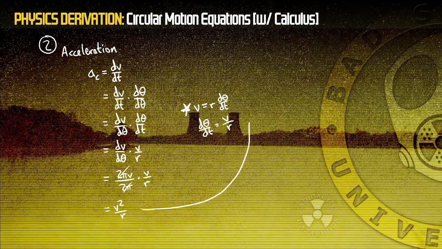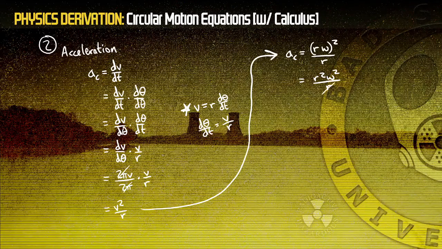And then what we can do is plug in that v equals r omega. So centripetal acceleration equals r omega quantity squared over r, which is r squared omega squared over r. One r divides out of the r squared, so we're left with r omega squared for the acceleration.